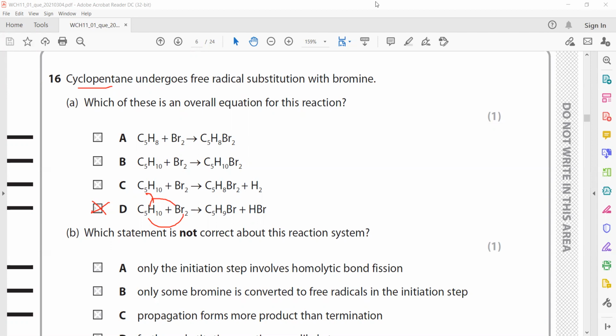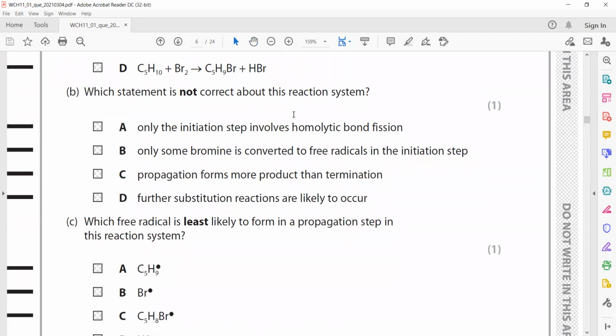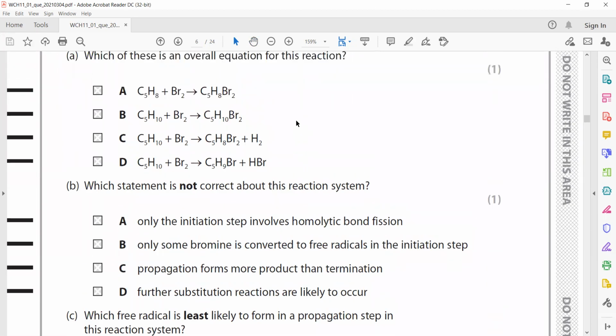Next, which statement is not correct? Only the initiation step involves homolytic bond fission. We have to work out which one is not the correct statement.